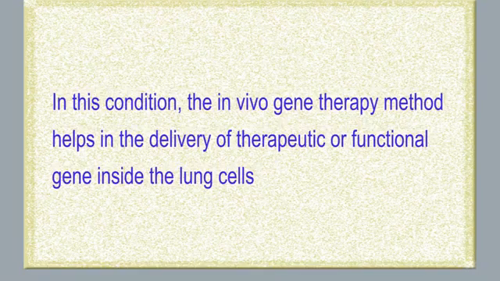In this condition, the in vivo gene therapy method helps in the delivery of the therapeutic or functional gene inside the lung cells using the harmless adeno-associated virus vector with the therapeutic gene.